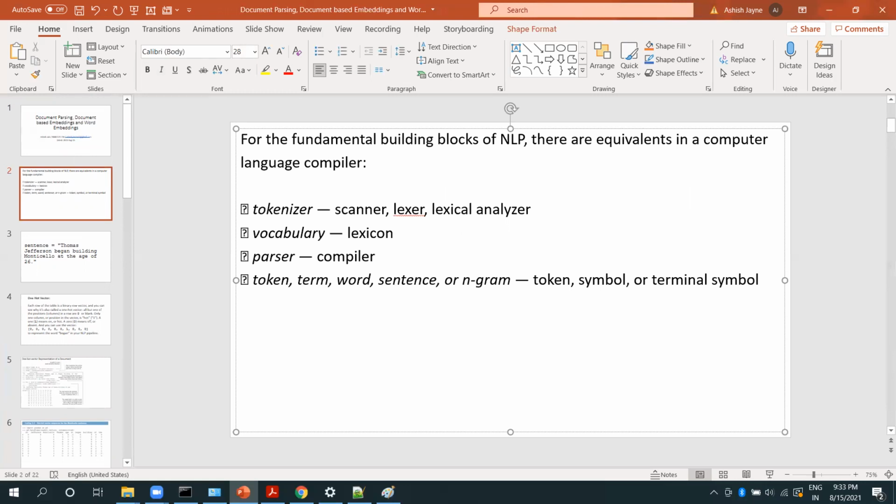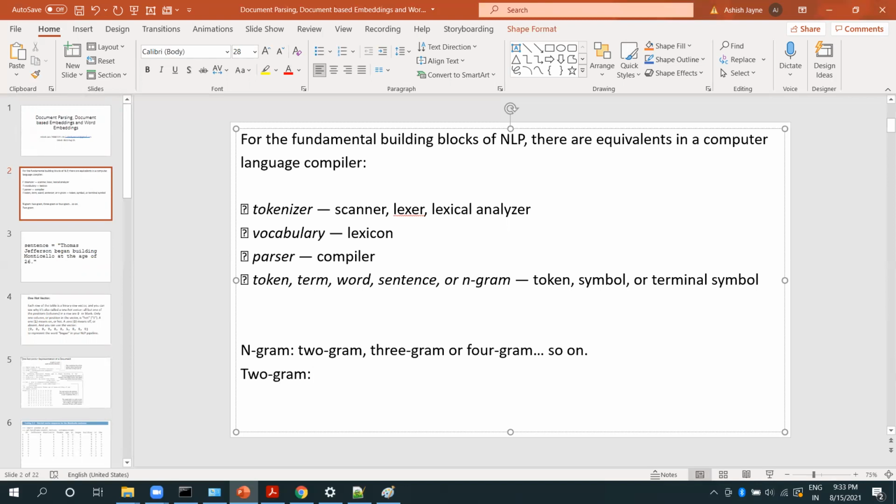So when we say ngram, we basically mean 2-gram or 3-gram or 4-gram, and so on. In a 2-gram, we have to take two words together.